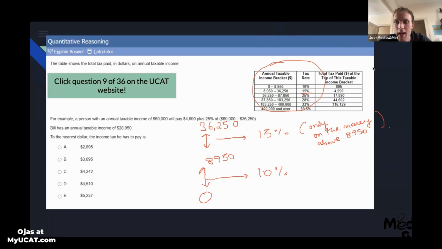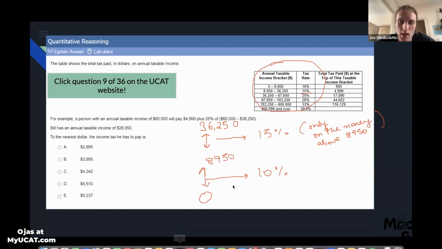So you don't need to add 895 to 4,990. All you have to do is work out which tax bracket you fall into at the top of your income, so £40,000. Work out the difference. How far are you into this 36,000 to 87,000 tax bracket? Then work out 25% of that and add it to your total already accumulated in the bottom two brackets below. So does that make sense to people?